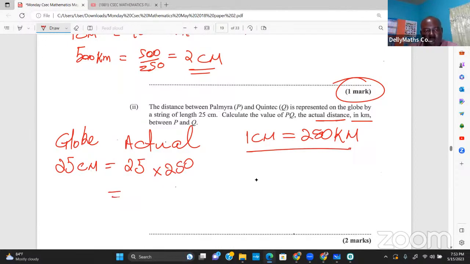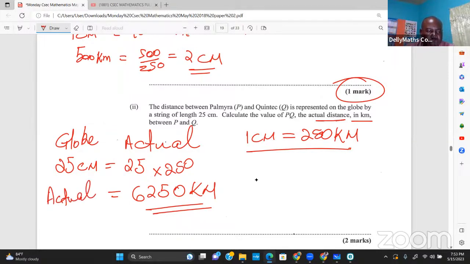So 25 times 250 is going to give me about 6,250 kilometers. Because for every 1, it's 250. So if I have 25, it's going to be 25 times 250. This is the actual distance PQ.